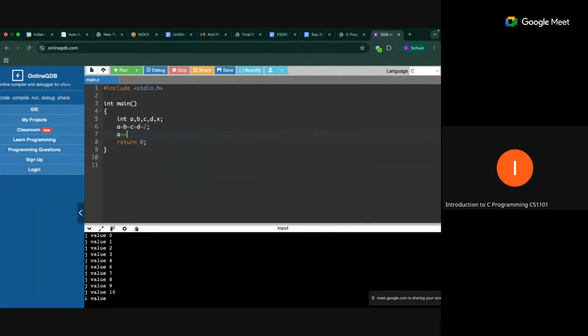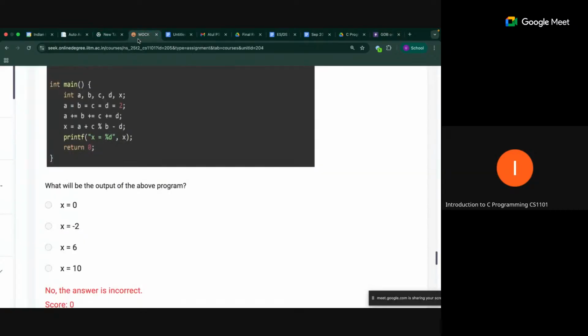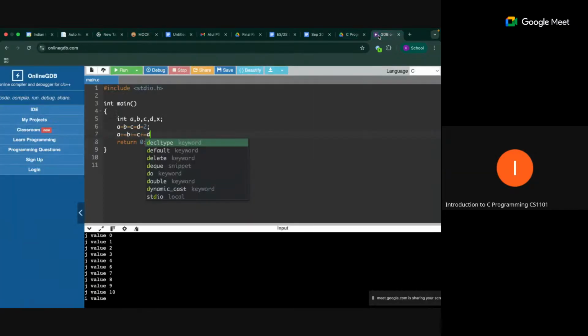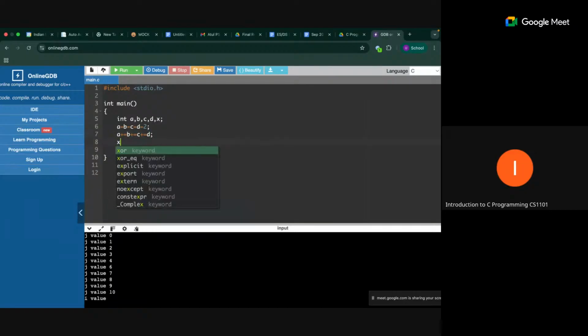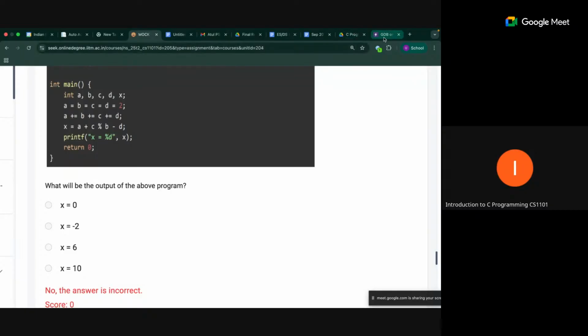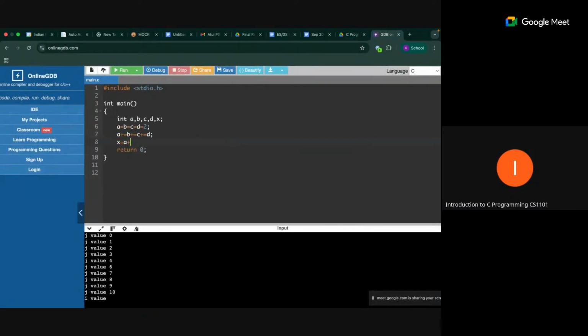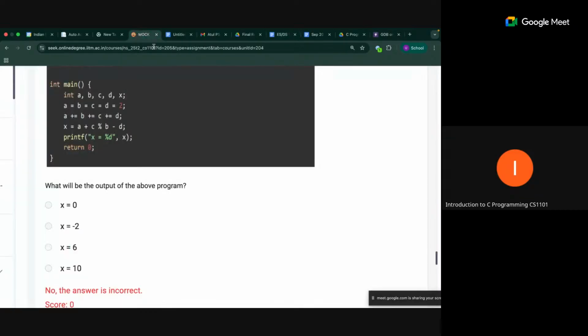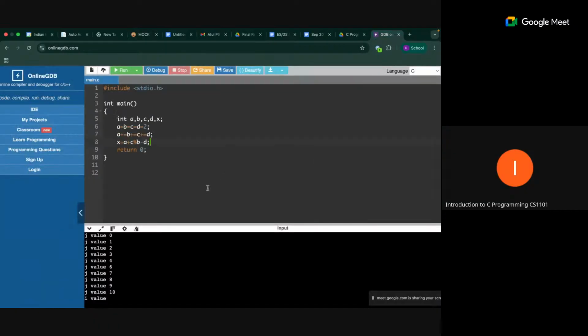Then they have given a plus equal to b plus equal to c plus equal to d. Then x is equal to a plus c mod b minus d. Then I have to print the x value.